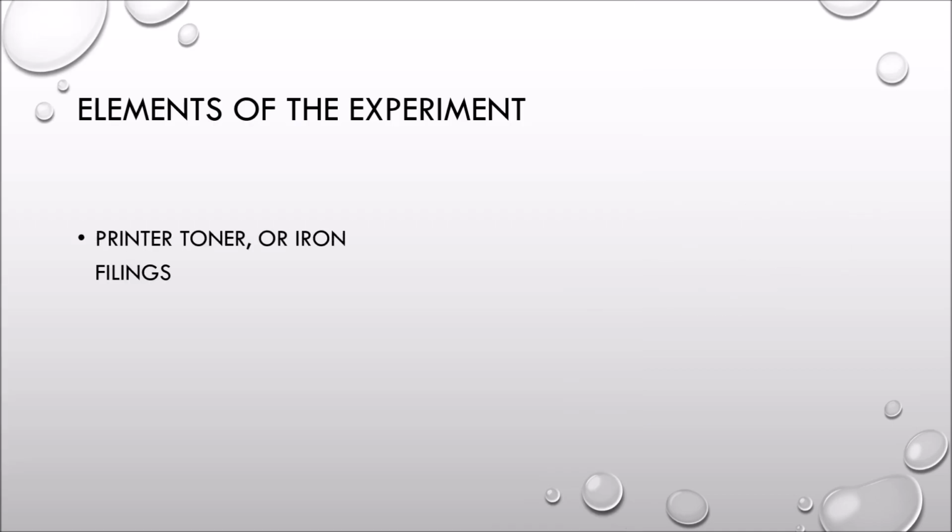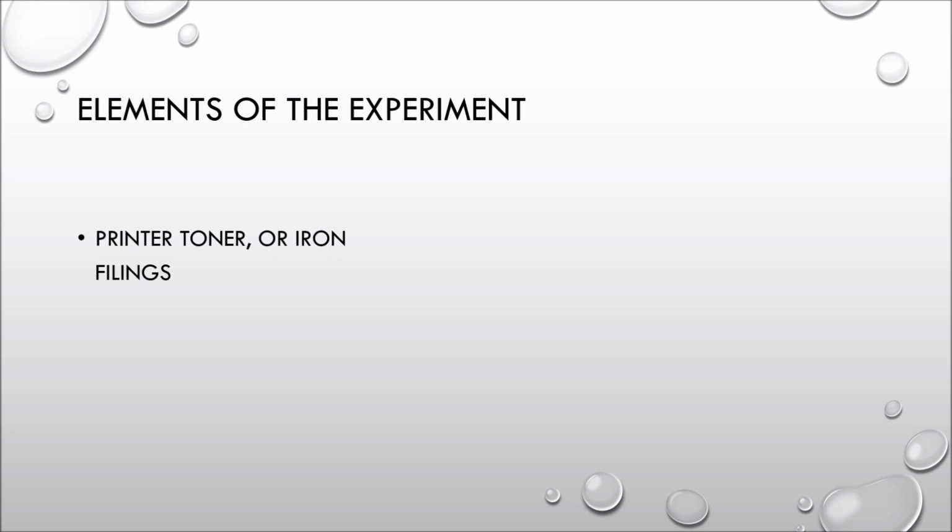So, the elements of the experiment: we will need a printer toner or iron filings, iron oxide powder such as magnetite, which is Fe3O4, which is also known as printer toner, and hematite or Fe2O3 could be used.